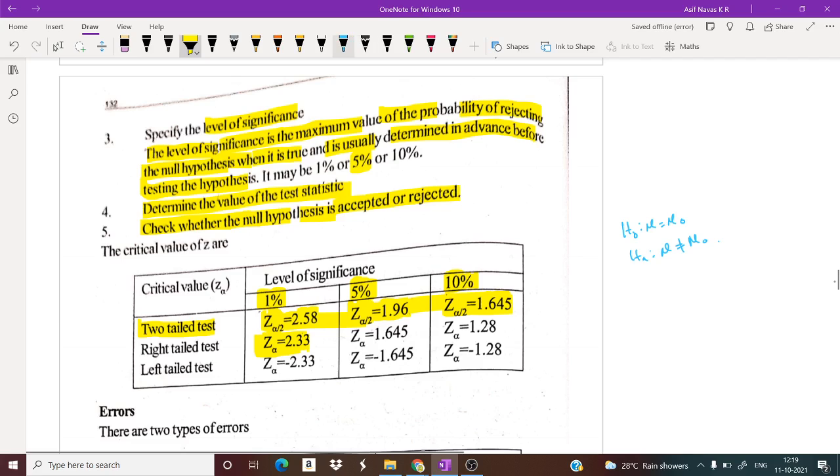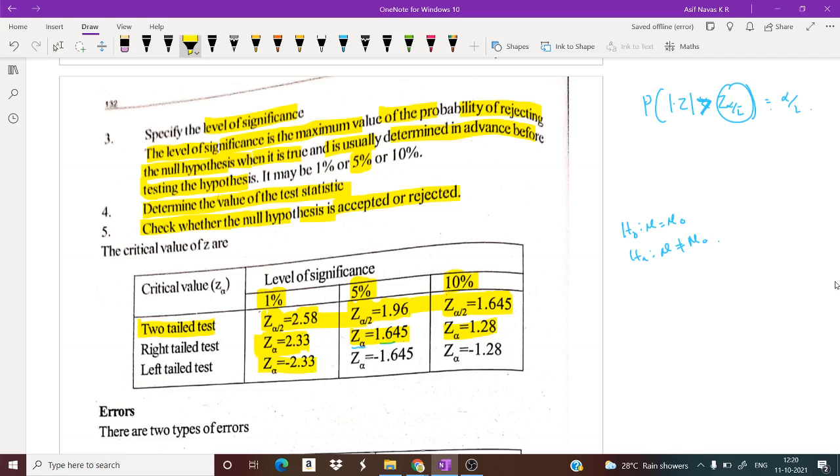That is actually the probability that mod Z is less than Z alpha by 2 is equal to alpha by 2, so that quantity is Z alpha by 2. For the right-tailed test, Z alpha is 1.645 at 5% and 1.28 at 10%. On the left side, you just put a negative value.